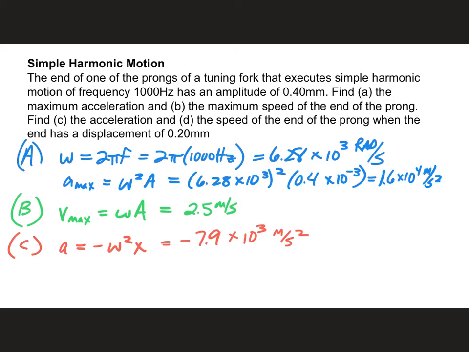But we'll get nearly 8,000 meters per second squared as the acceleration at that particular displacement of the prong. Half of the amplitude, if you will. That's almost 10 times less than the maximum acceleration. So it's not a constant, it's faster here, slower there.